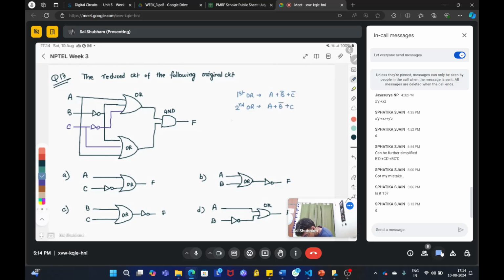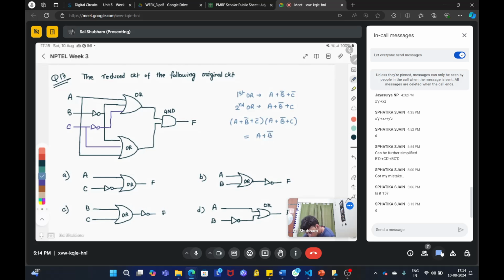When you perform AND, I think this will be simplified to A plus B bar.